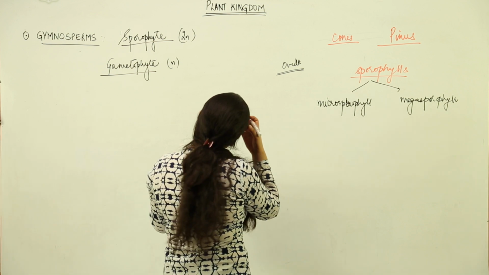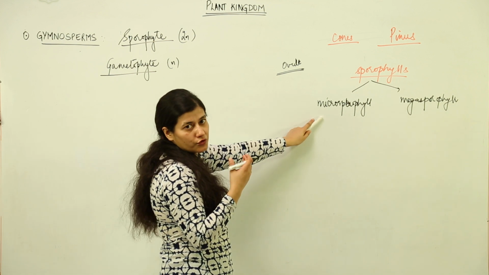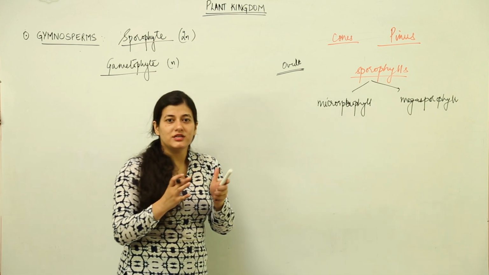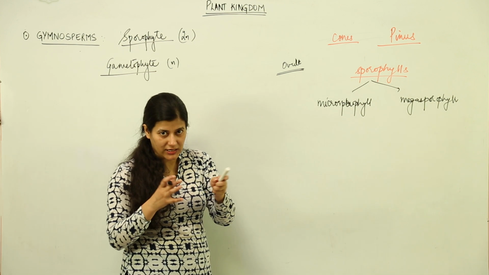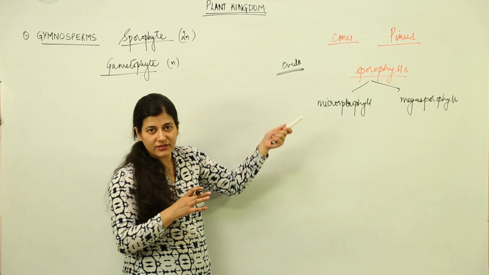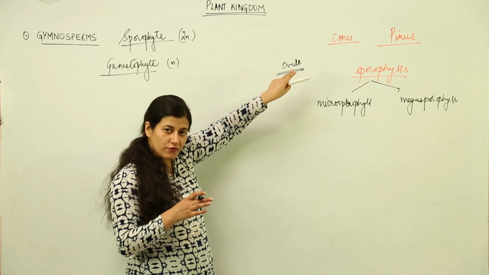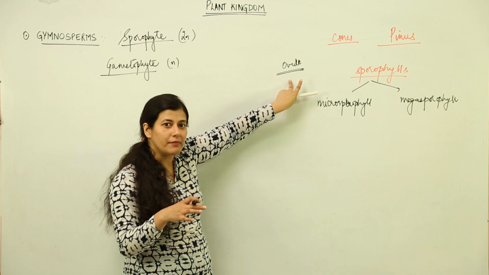What is the significance of these sporophylls and the cones? First of all, here we see the distinguishing factors. We will have the seed habit, and for seed habit we need an ovule. In an ovule there is the female gamete.